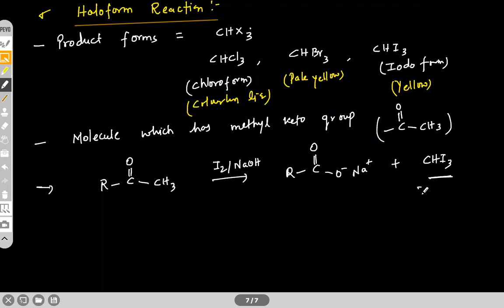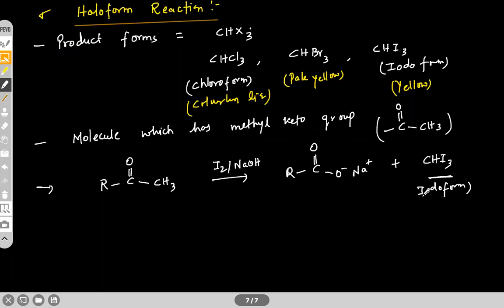This is how iodoform forms in this reaction, and we say the molecule gives a positive iodoform test. Copy this down. I'll write down the mechanism on the next page.